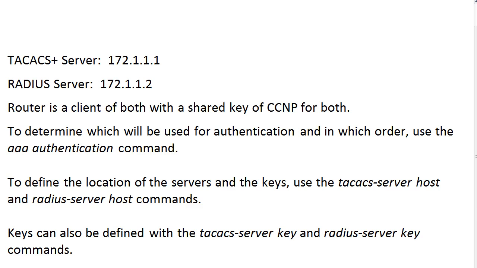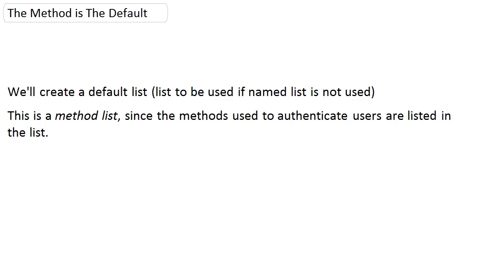Now, what we're going to do here is create what we call a default list. This is going to be the authentication list to be used if a named list is not used. Because as you'll see, and we'll do some named lists in the labs coming up ahead as well, you can name them, and as I always say, try to give them an intuitive name. If you're using it as a telnet list, call it telnet list.